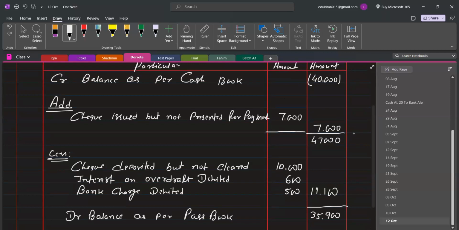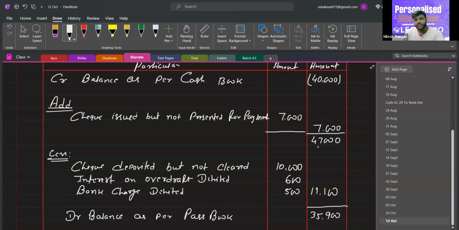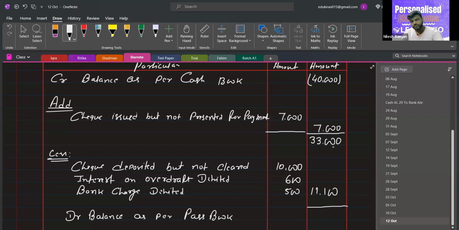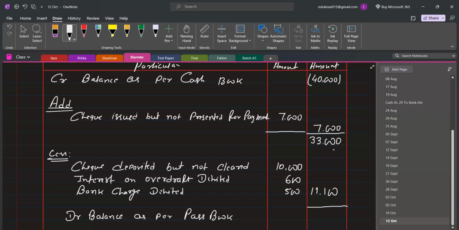If 40,000 is negative and 7,000 is positive, then it will not come to 47,000. It will be 33,000. Do you have any doubt how we got 33,000?